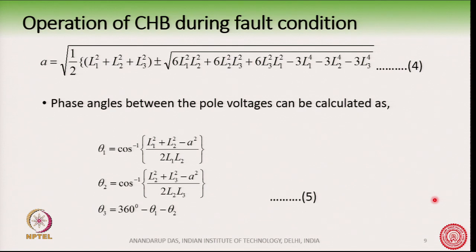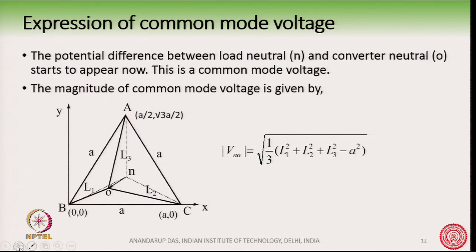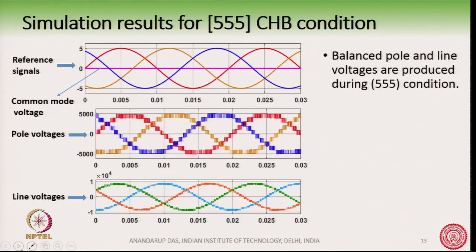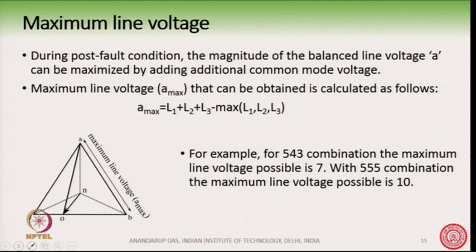We have not shown this in these slides. If you differentiate it and try to maximize the value of A, then we come to a condition which says that the maximum line voltage which is possible is given by A max equal to L1 plus L2 plus L3 minus max of L1, L2, L3.